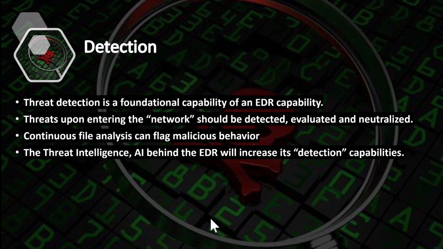It has a continuous threat analysis, and it should be able to flag malicious behavior. Most of the EDRs are backed up with threat intelligence. Some of them have AI behind the EDR, and all this will increase the detection capabilities.